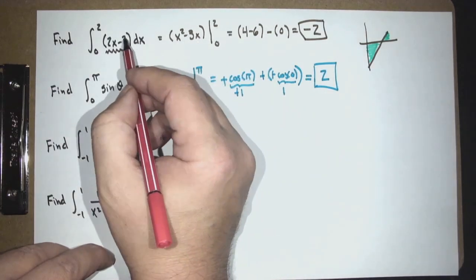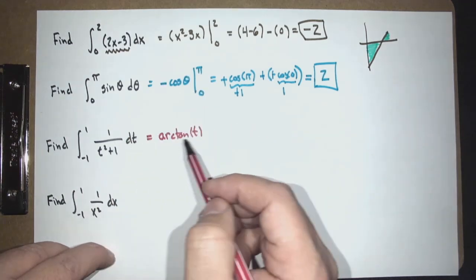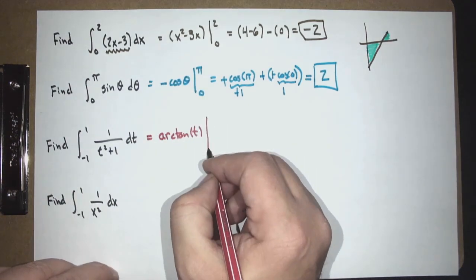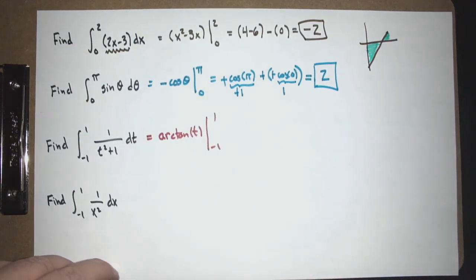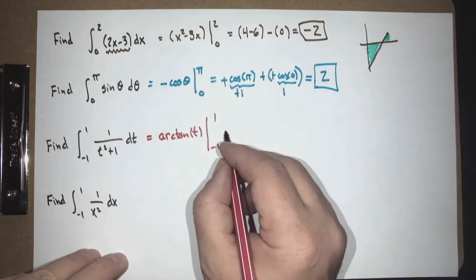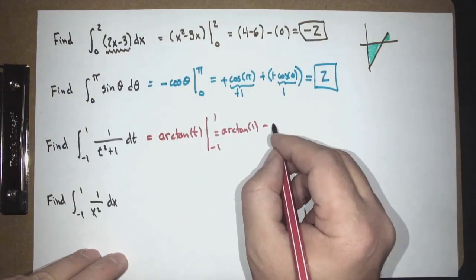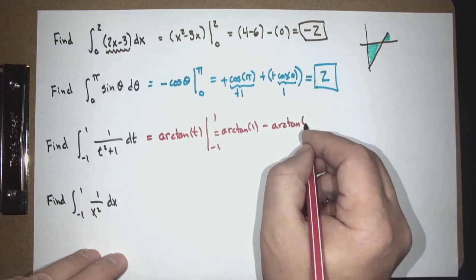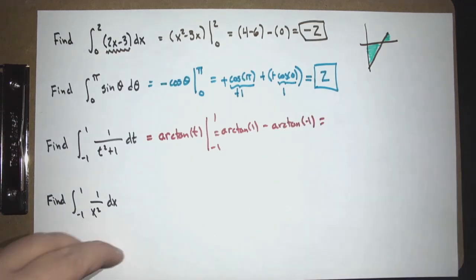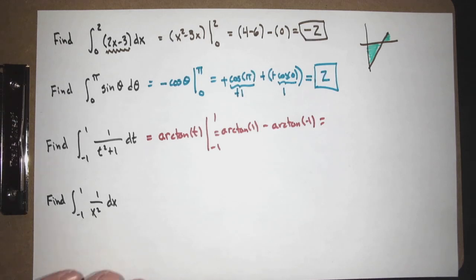By the way, notice here we had x, here we had theta, here we have t. It's always the same principles. From -1 to 1. Arctangent of 1, subtract arctangent of -1. Do we know what the arctangent of 1 is? Pi fourths.